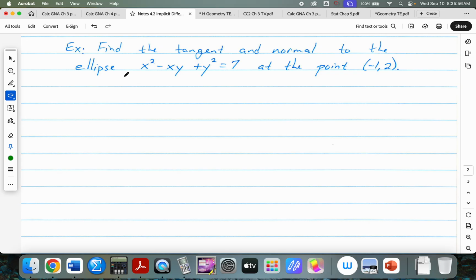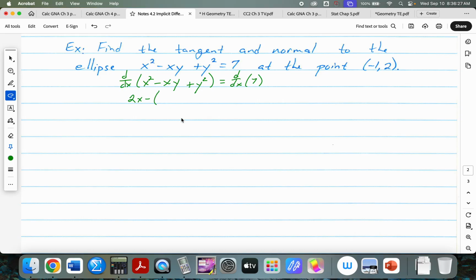So I'm going to write it out again this time, the derivative with respect to x of both sides, x squared minus xy plus y squared equals the derivative with respect to x of 7. So the derivative with respect to x of x squared, that's just 2x.